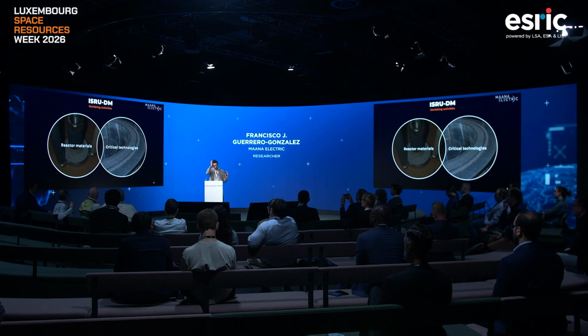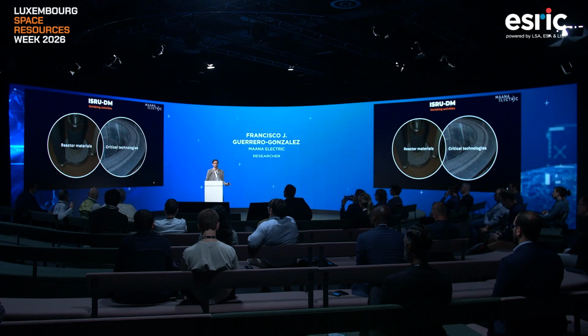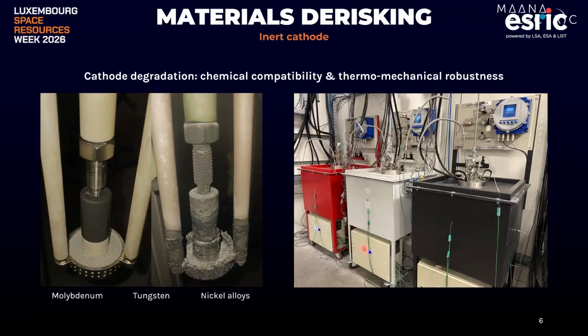One is reactor materials, so everything to do with electrodes, vessel materials, reactor insulation, etc., but also looking into critical technologies. And I apologize beforehand if I cannot go into a lot of detail into what we are doing, but you can catch me later if you are interested in any specific problem.